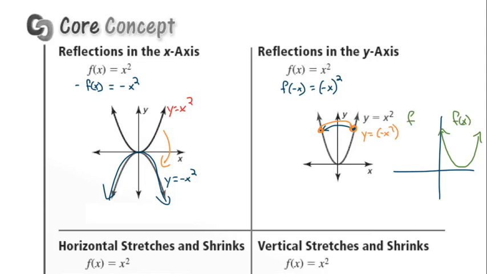If I do f of negative x, all of those points over there reflect across the y-axis like that. So all of these points, this one switched over to there, this one switched over to there, this point moved over there.